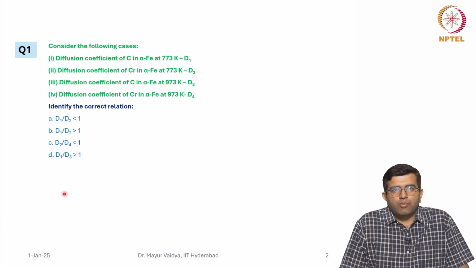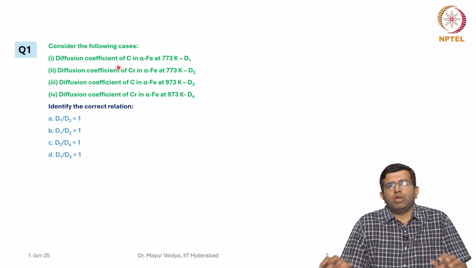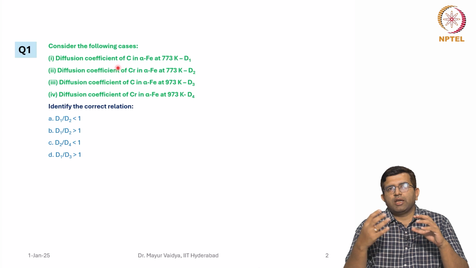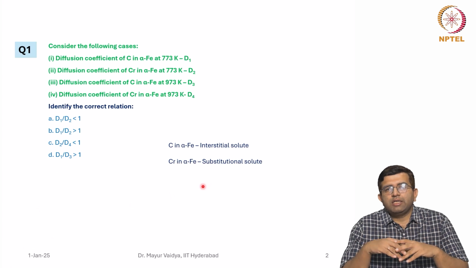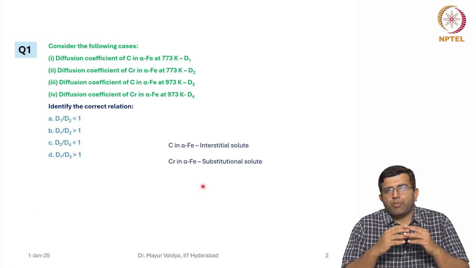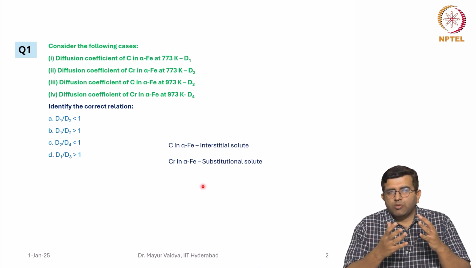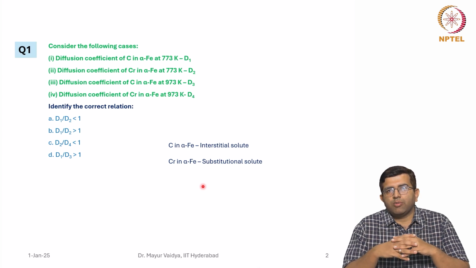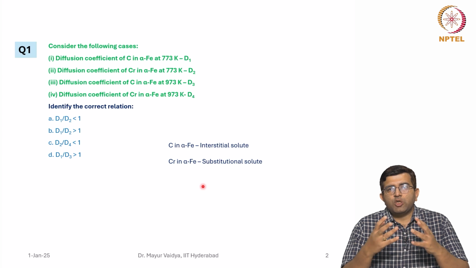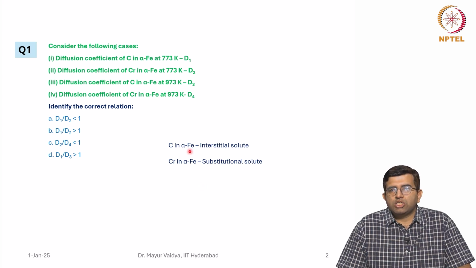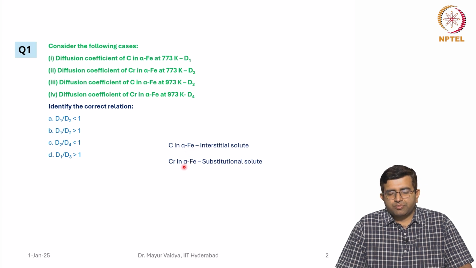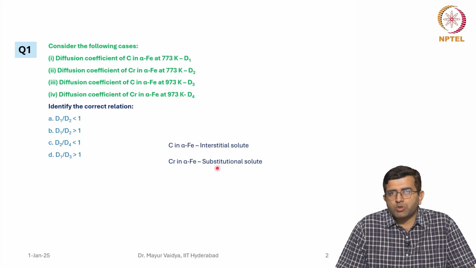So, what is the difference basically between the carbon diffusion in alpha iron and the chromium diffusion in alpha iron? As you may be aware, carbon in alpha iron is an interstitial solute. It occupies the interstitial positions, whereas chromium in alpha iron, which has a similar atomic radius, is a substitutional solute. Therefore, carbon diffuses by interstitial mechanism and chromium diffuses by substitutional mechanism.